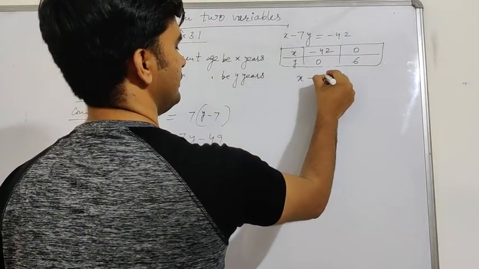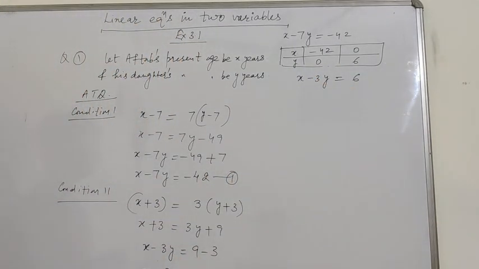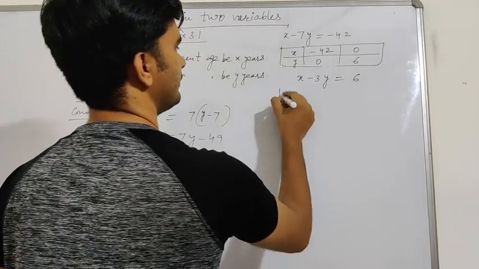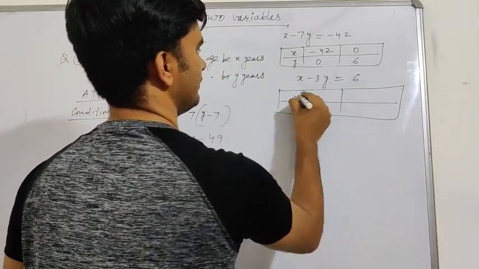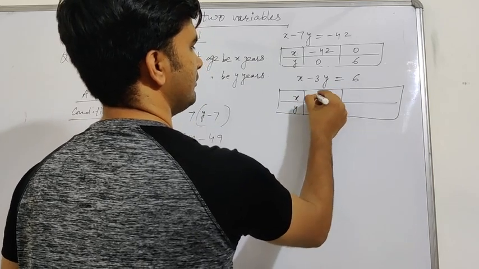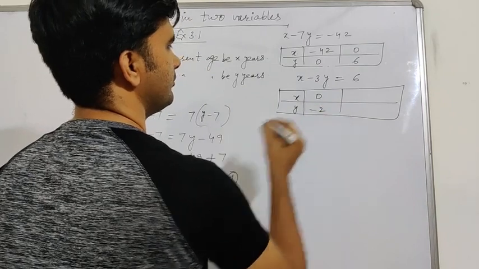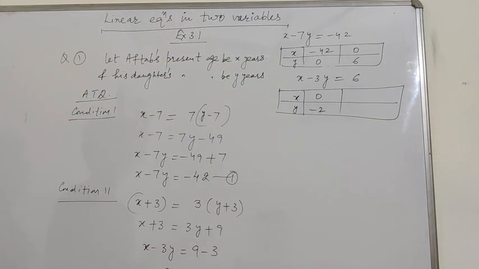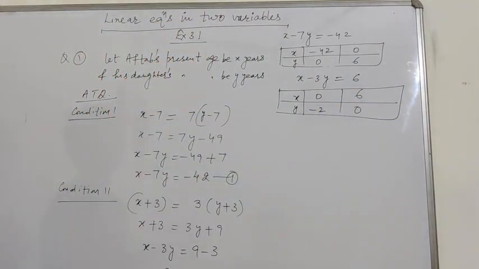Then come to the next equation, x minus 3y is equal to 6. x, y. First put x is equal to 0, then y is minus 2. Then put y is equal to 0, x is 6, right? Then how can we represent it graphically?